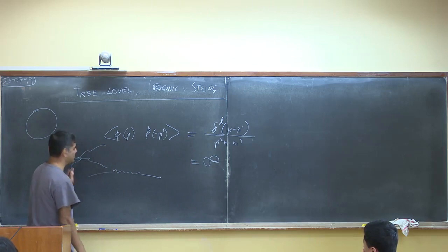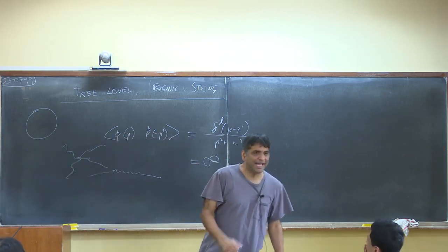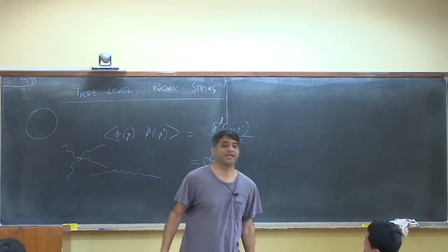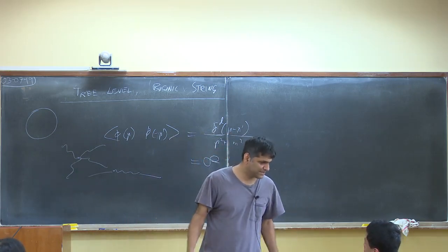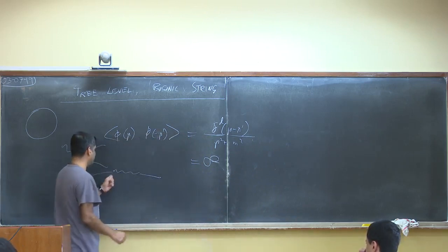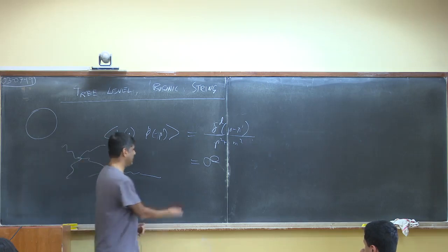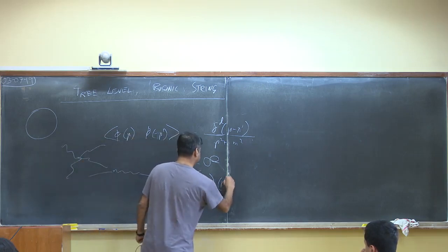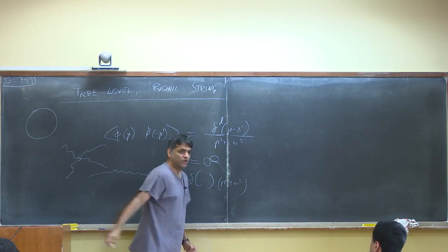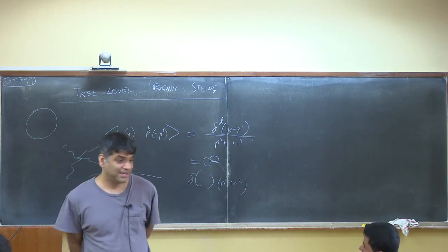With every external line, you add a factor of p squared plus m squared in the numerator. And actually, as we will see, this is what string theory calculates with higher point functions. So you might think that what we should be doing here is truncating both insertions, in which case we will get delta times p squared plus m squared, which also is not very interesting on shell because it's 0.